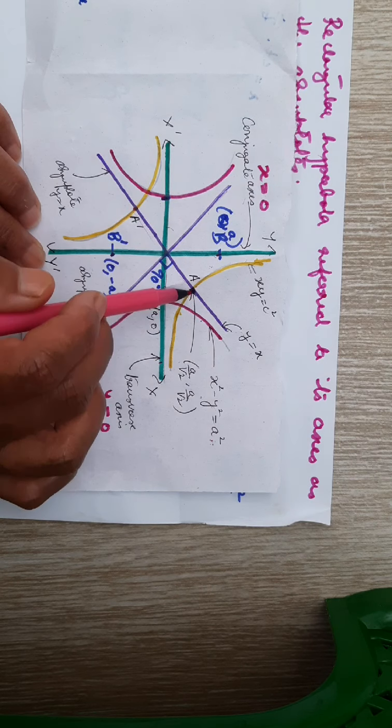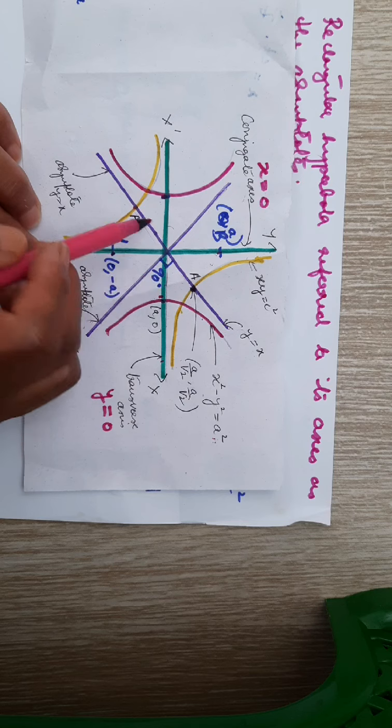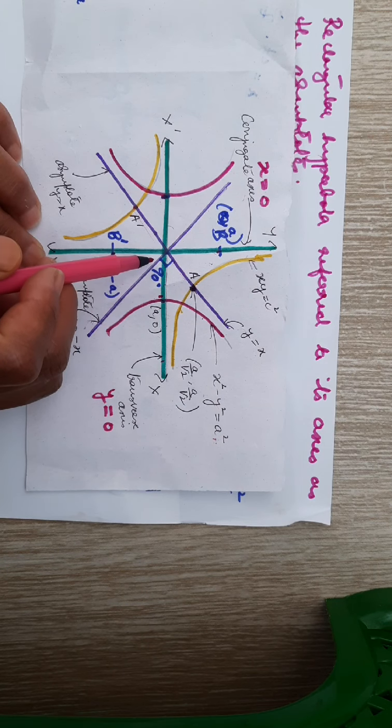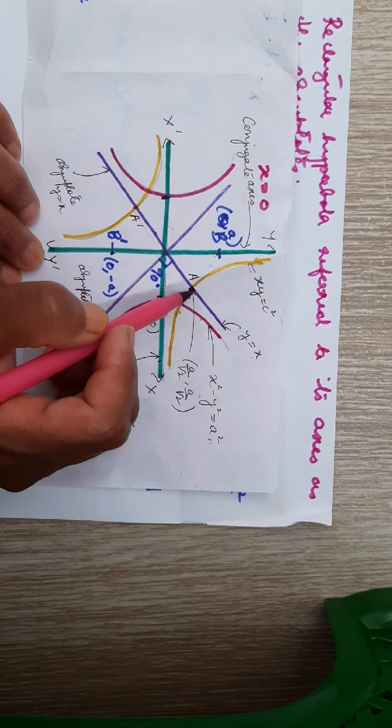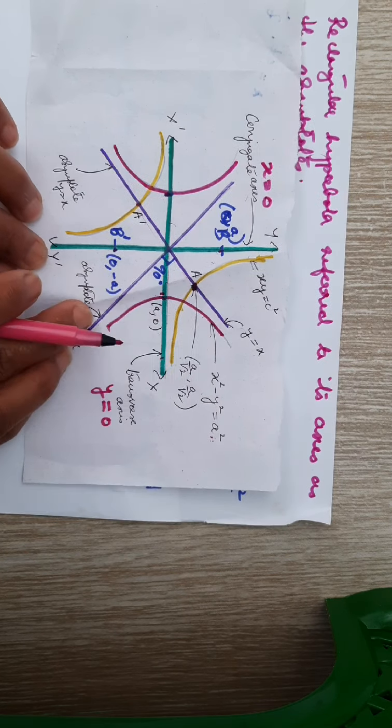So now here what we need to do is, let us find out that new equation, but we know that these two asymptotes y is equal to x and y is equal to minus x are perpendicular to one another. So now let us find what will be the equation of that asymptotes.